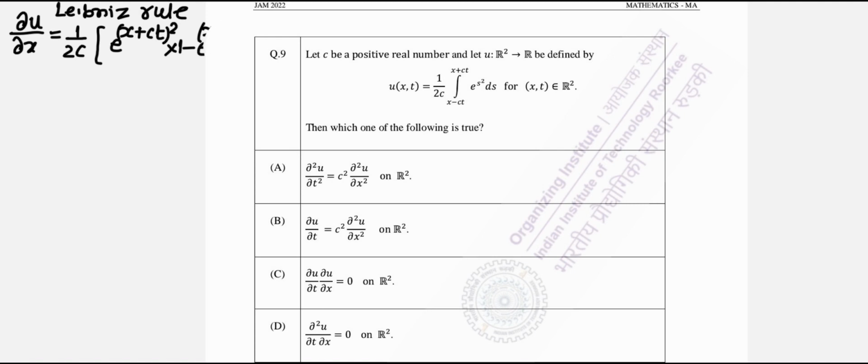So here will be 1, and this will be 1 by 2c, e to the power x plus ct whole square minus e to the power x minus ct whole square.